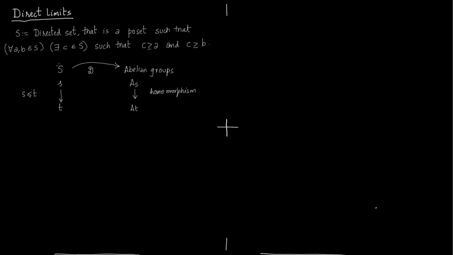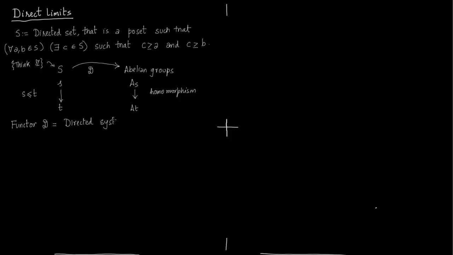So notice two things. You have an order here in the category S, and that order is essentially carried over to abelian groups. Again, for directed sets, you should always think of integers as the crutch to understand what is going on. This functor D is called the directed system of abelian groups.